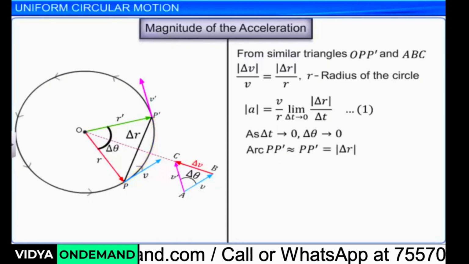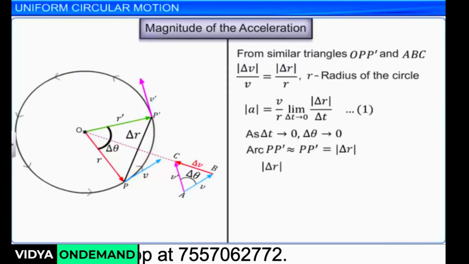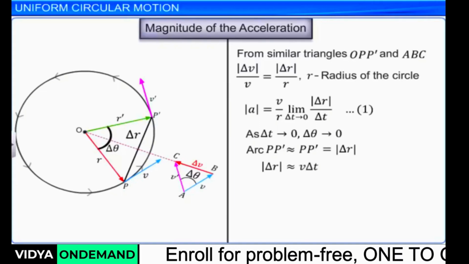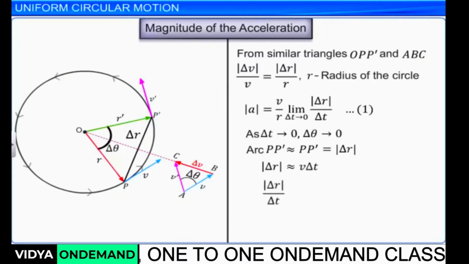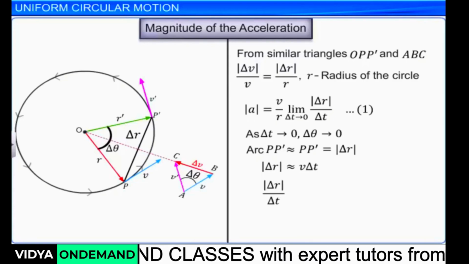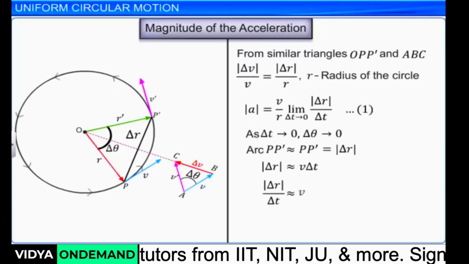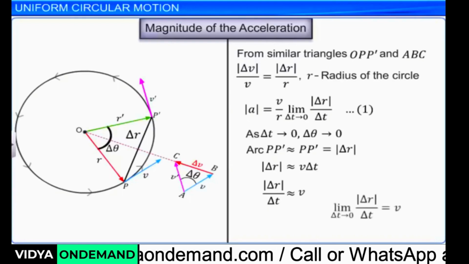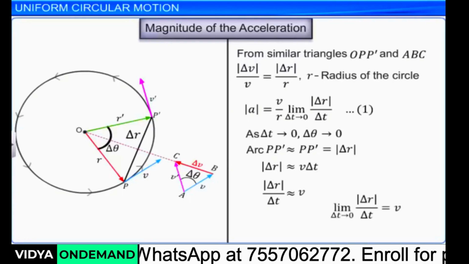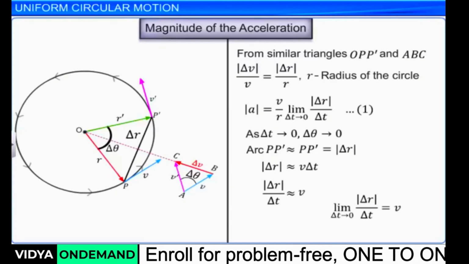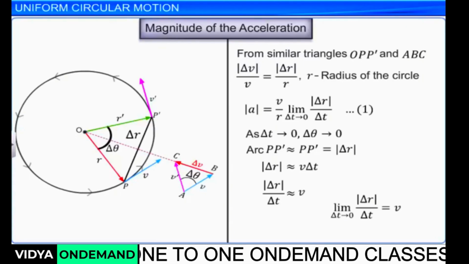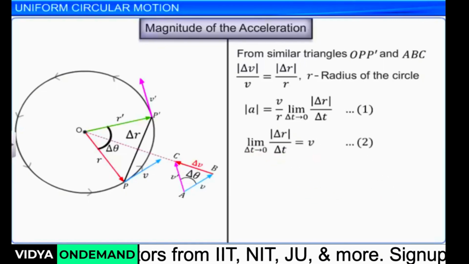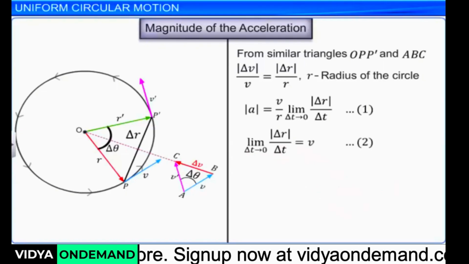This can be written as magnitude of delta R by delta t is approximately equal to V, which implies limit delta t approaches 0, magnitude of delta R by delta t is equal to V. Let this be equation 2. Substituting equation 2 in 1 and simplifying, we get a is equal to V square by R. Let this be equation 3.